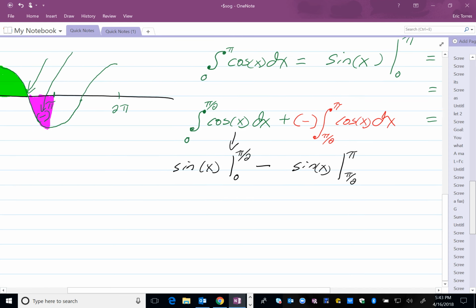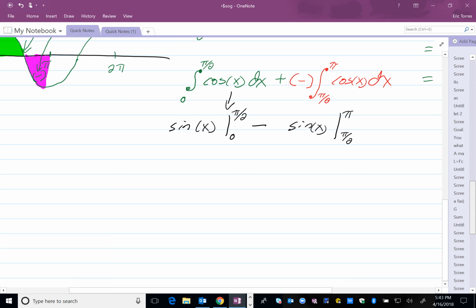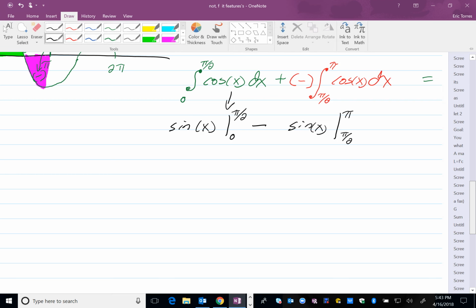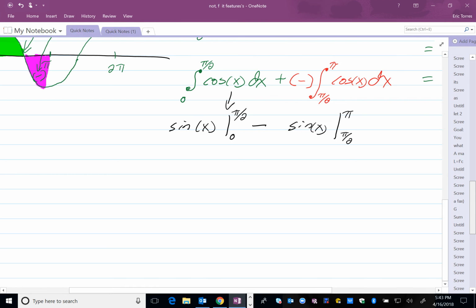Let's see how this plays out now. Okay, so when I do my first, let me color code this. That might help a little bit. I'll just at least highlight it. I'm going to do this second part in green so we can keep track of the two different things we're doing. So first part. Sine of pi over 2 minus sine of 0.